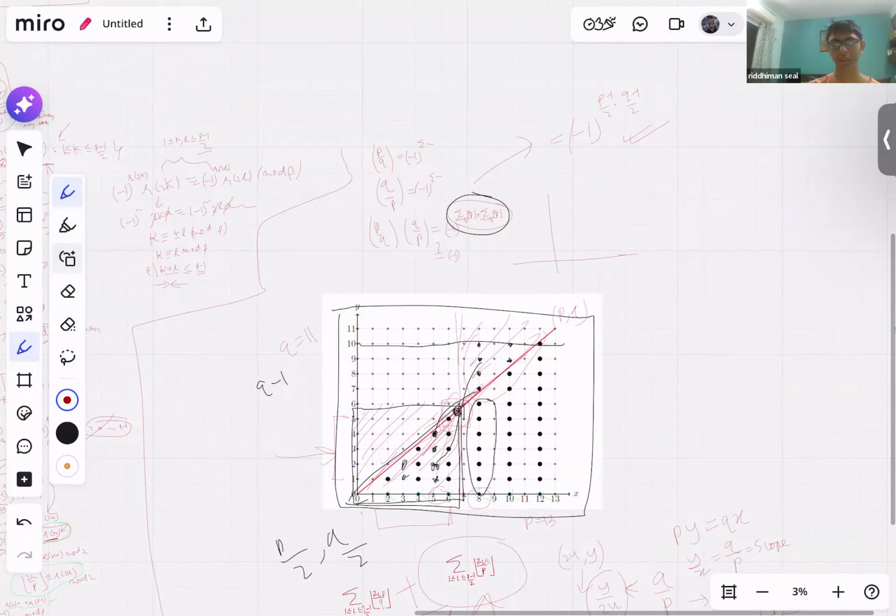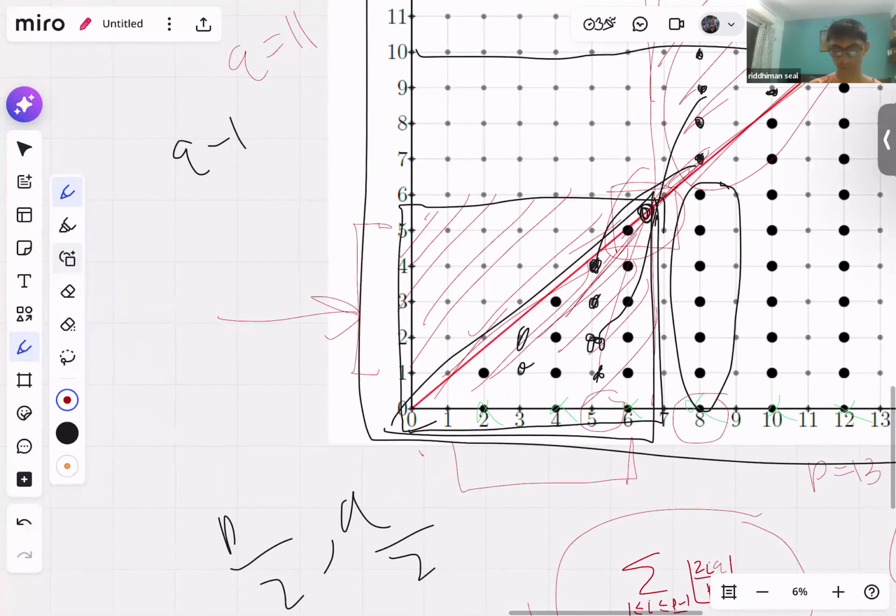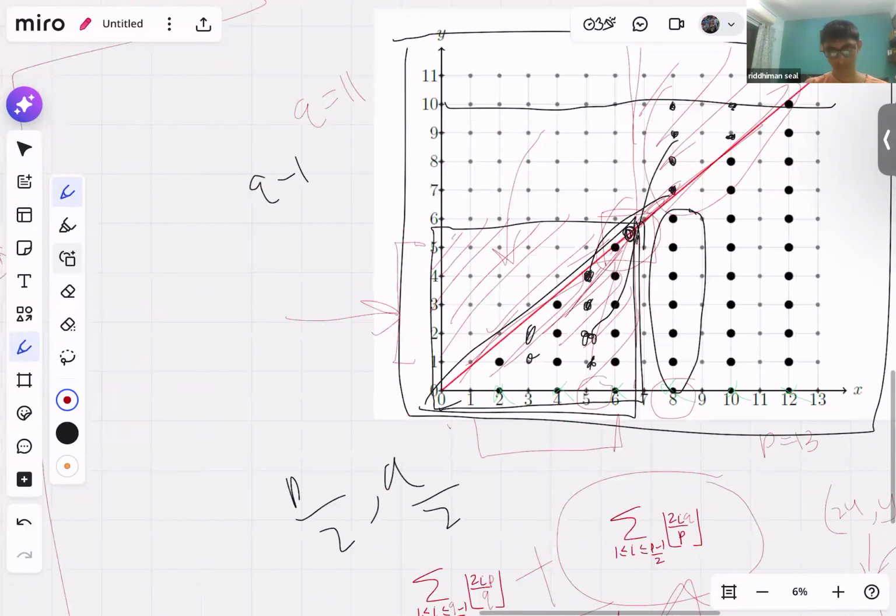So that's what we care about, right? We care about it mod 2. Got it. And then when you work out the other one, this is p by q, the other is q by p, you get the points here. And then the total number of points is just p minus 1 by 2 into q minus 1 by 2. So yeah, that works. Got it.